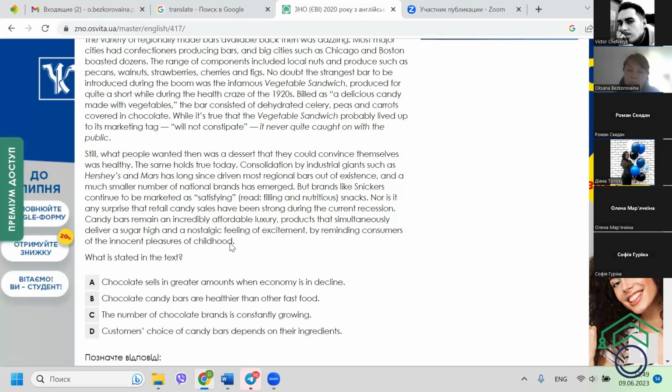Nor is it any surprise that retail candy sales have been strong during the current recession.